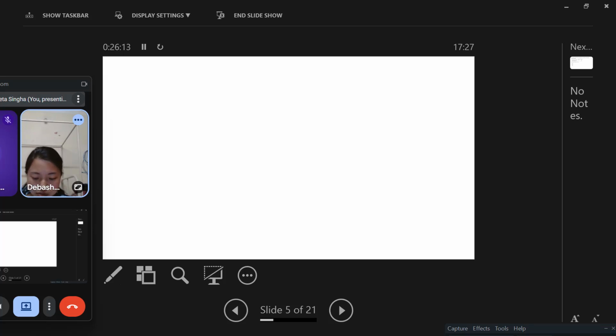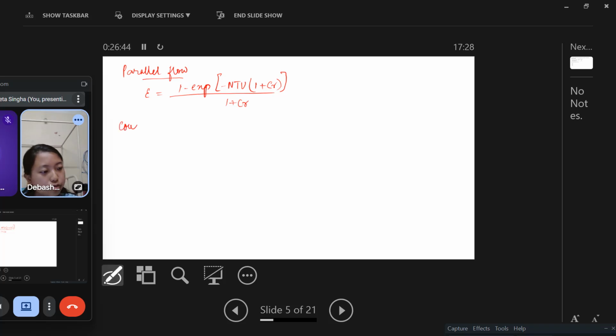Then we have this effectiveness for different flows. For parallel flow, effectiveness is given by 1 minus exponential of minus NTU times 1 plus CR, divided by 1 plus CR.